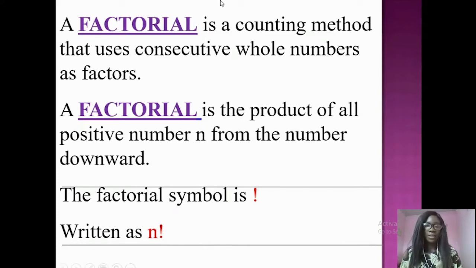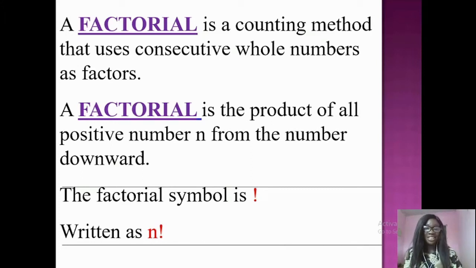Let's see the first definition. It's a counting method that uses consecutive whole numbers. Meaning that if my whole number is, let's say, 4, I'm going to be doing it consecutively, going downward from 4. The next number is 3. The next number downward is 2. The next number downward is 1. I know you will just be looking at me like this, but just wait.